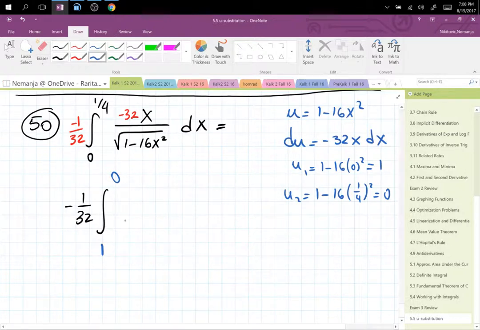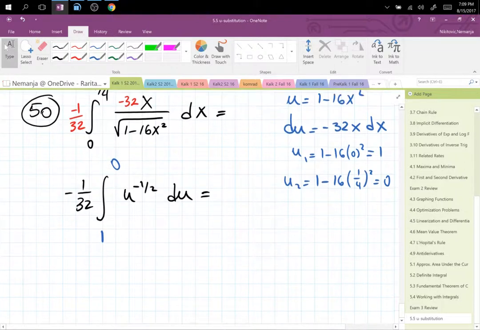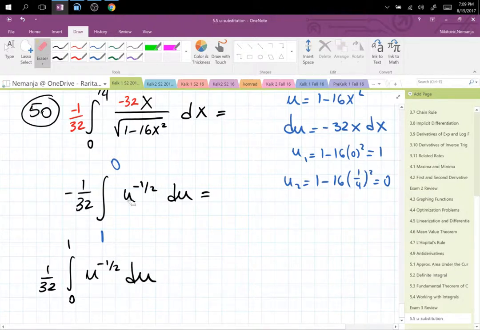So this is u to the negative 1/2, because it will be 1 over root u du. And now we switch the limits, so we get 0 to 1, u to the negative 1/2 du. Maybe I can in this step leave 1 over root u and then switch it in this one.